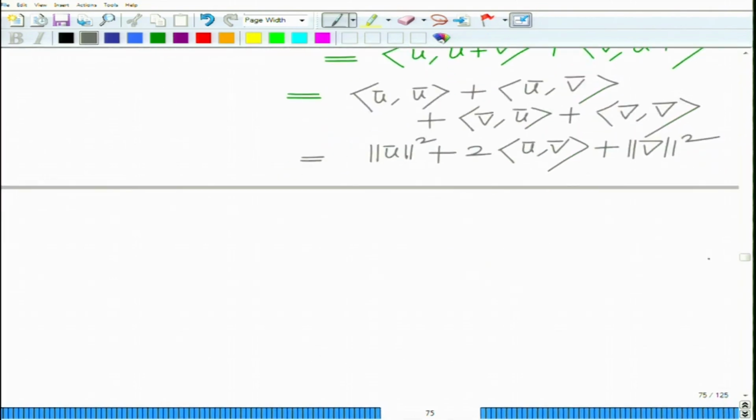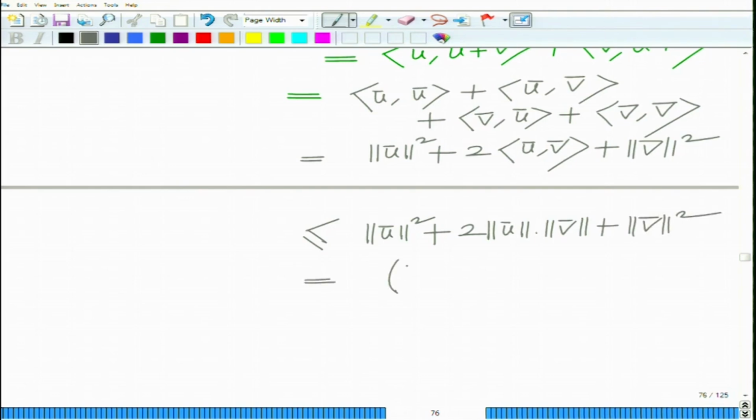Now, applying the Cauchy-Schwarz inequality, we know that the inner product of u bar and v bar is less than or equal to the product of the norms, norm u bar into norm v bar. So, this is less than or equal to norm u bar square plus twice norm u bar into norm v bar plus norm v bar square, which is equal to norm u bar plus norm v bar, whole square.